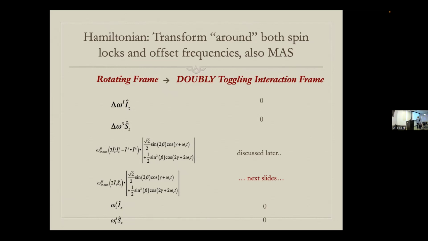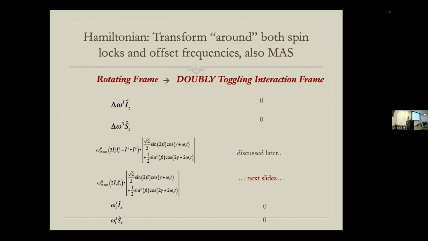And then this one is the one we want to work with, and now it has not only, this represents the average of the spin degrees of freedom. But we're going to have to average the spin degrees of freedom after the new way that we approach the interaction frame.